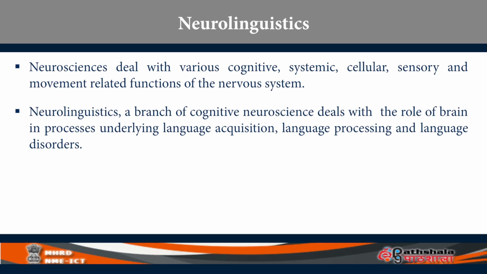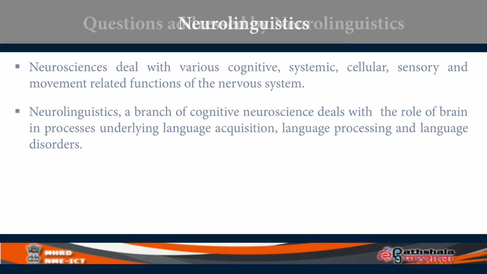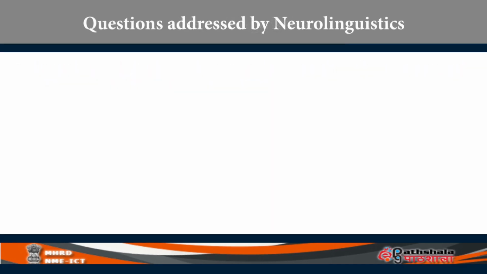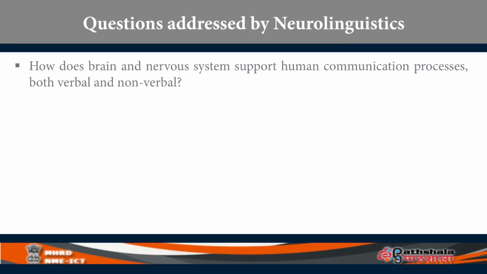It's a branch of cognitive neuroscience which deals with the role of the brain in processes underlying language acquisition, language processing and language disorders. What are some of the questions addressed by neurolinguistics? How do the brain and nervous system support human communication processes, both verbal and non-verbal?